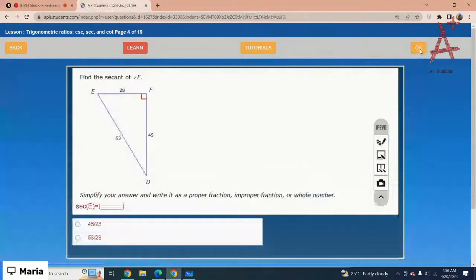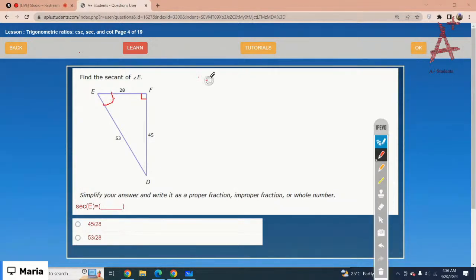Okay, the next one is find the secant of angle E. Okay, here is secant of angle E. So secant of angle E means the reciprocal of cos of E. It would be hypotenuse divided by the adjacent. So from E, hypotenuse would be 53 and adjacent is 28.